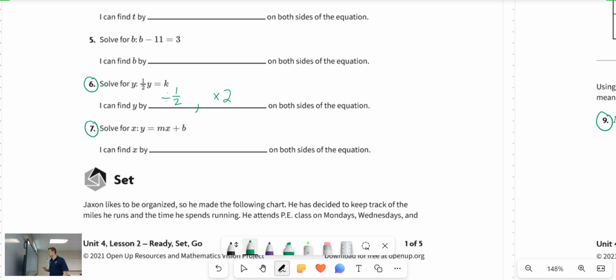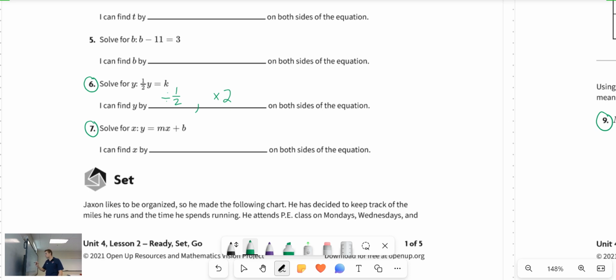And then 7, solve for x. y equals mx plus b, our slope-intercept form. Perfect. We can find x by, we're actually going to need 2 steps here. This is the hardest one on this list, I think.